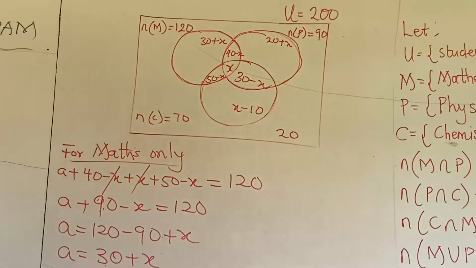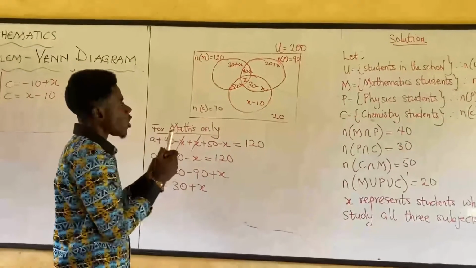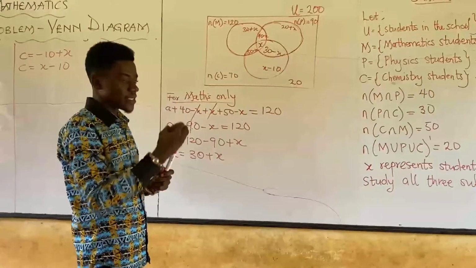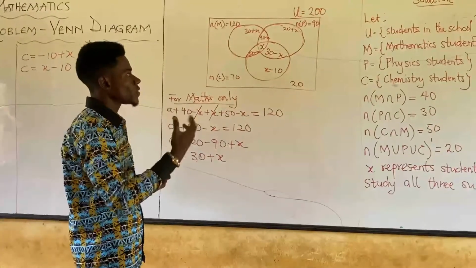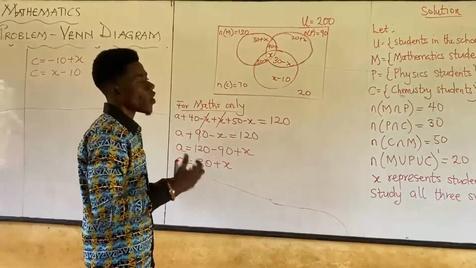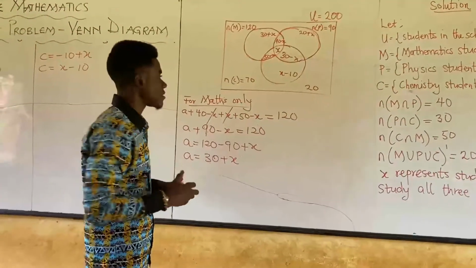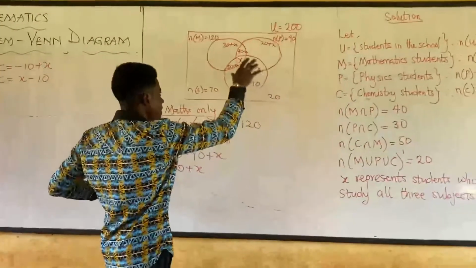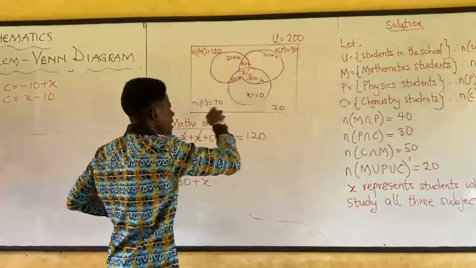Now we are going to solve for the value of x. And the value of x will also tell us the number of students who prefer all the three subjects. How do you solve for x?